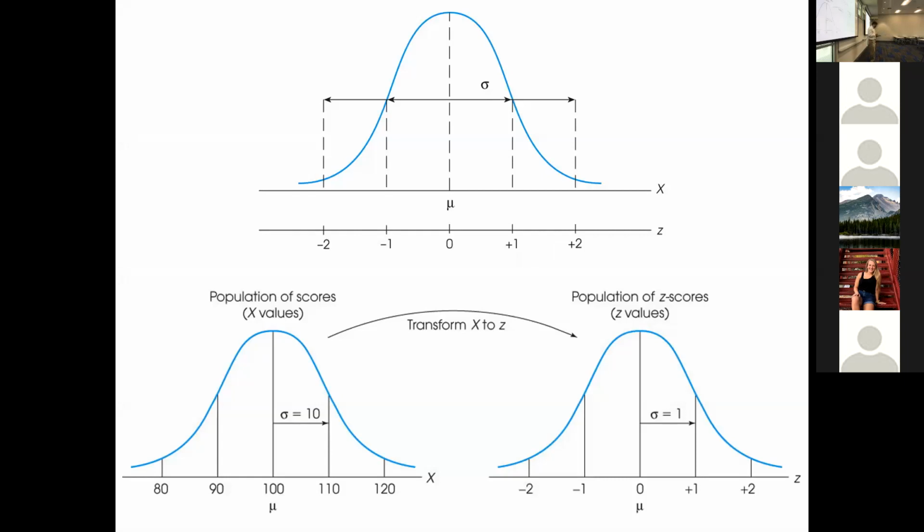So if we look at these 3 graphs, up top is what we looked at last time, right? So we've got our standard distribution here, this curve. We have our mean, represented by lowercase mu. We have our standard deviation, represented by lowercase sigma.